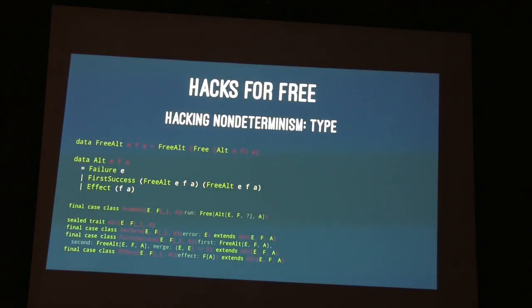Yeah, so the problem is that first success really wants to compose in order to satisfy the definition of alternative. It wants to compose at the level of the entire structure, the free monad. So right now it has a reference inside itself to the larger structure, the free alt.